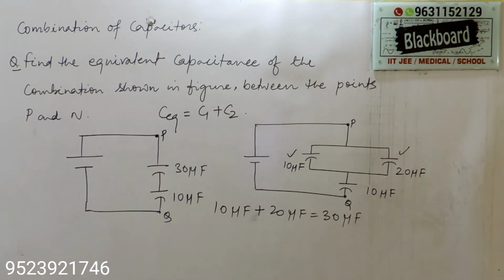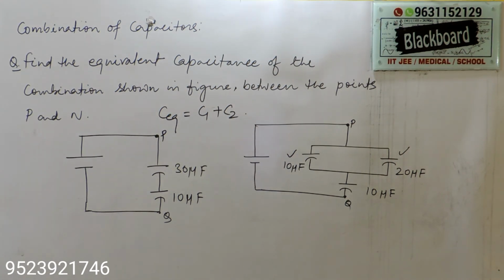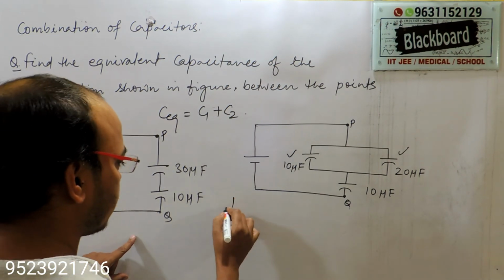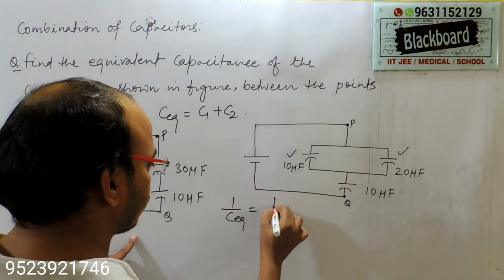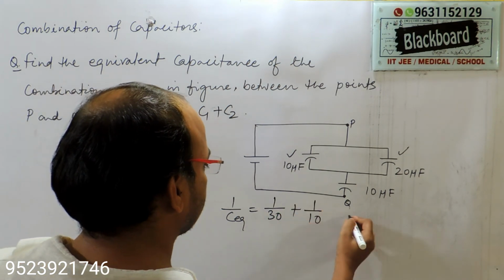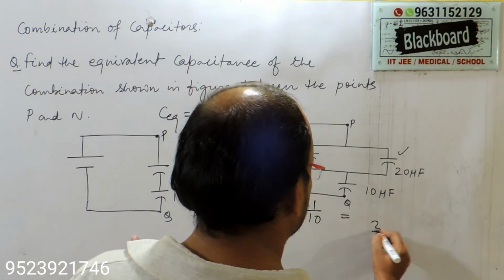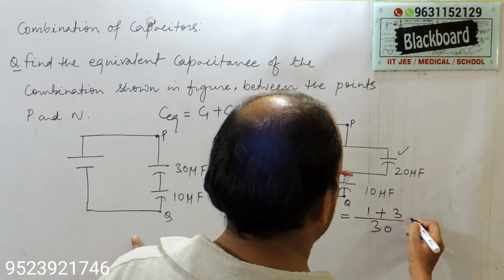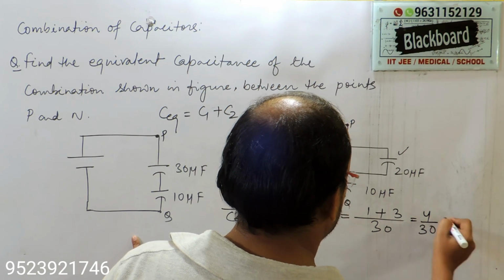Now 30 microfarad and 10 microfarad are in series, so the equivalent capacitance you can evaluate. Now you can solve this. Here two capacitors are in series, that means your formula is 1 by C equivalent equals 1 by 30 plus 1 by 10. Taking LCM, this is 30 and this is 1 plus 3, that means this is 4 by 30.